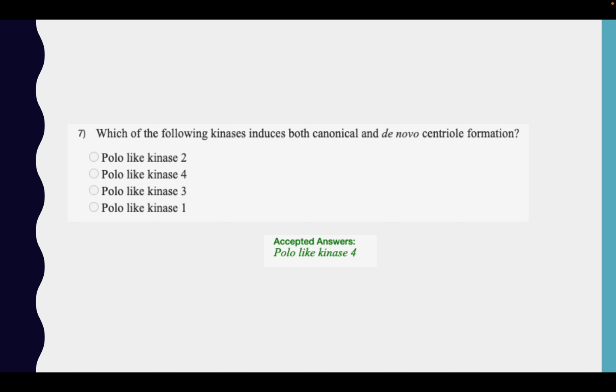It is a kinase that induces both canonical and de novo centriole formation. It is a kind of serine threonine kinase that is a major player in centriole biogenesis. Okay, and it regulates both canonical and de novo centriole formation.